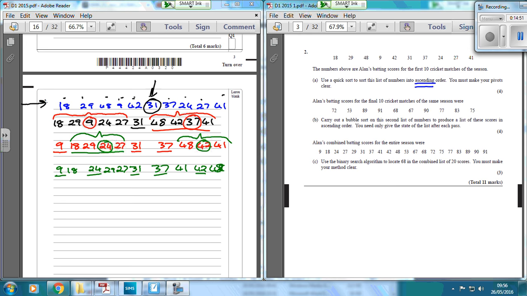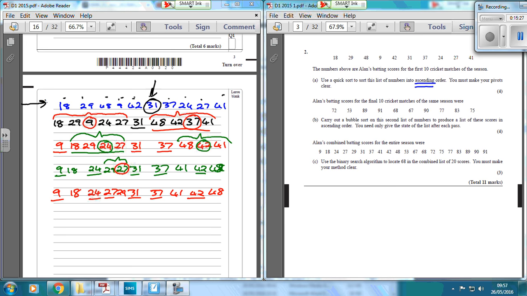Then we've only got 1 subset now which has more than 1 number, which is this one. So we're going to choose the one to the right hand side of it. It's got to be right of the middle, unless there is a middle. So let's bring down the previous pivots. And 18, the subsets of 1. So bring 27 down, which is a pivot, and then 29 comes after.